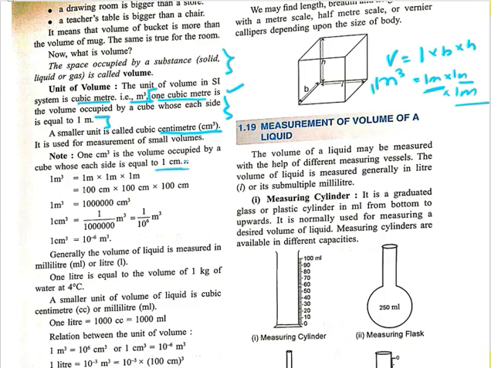That means the length will be 1 centimeter, breadth will be 1 centimeter, and height will also be 1 centimeter. So 1 meter cube can be written as 1 meter, 1 meter, 1 meter.